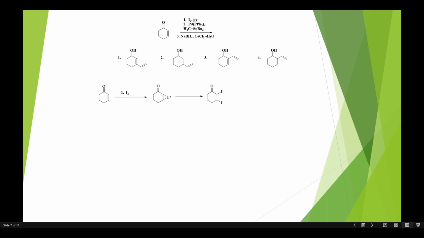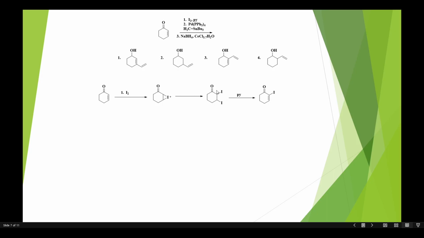After that, what will happen? The iodine and hydrogen will be eliminated. But which iodine will be replaced?